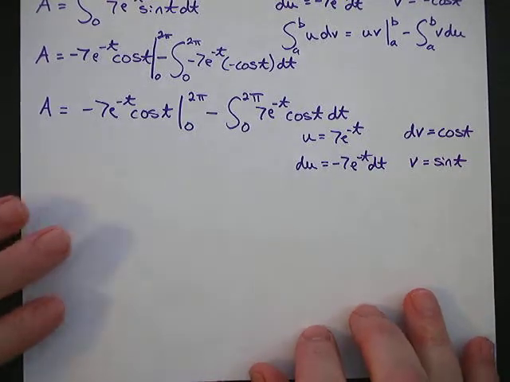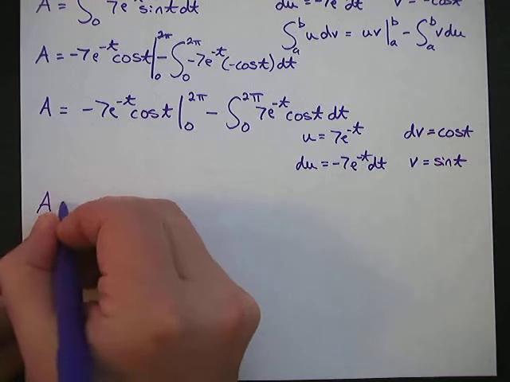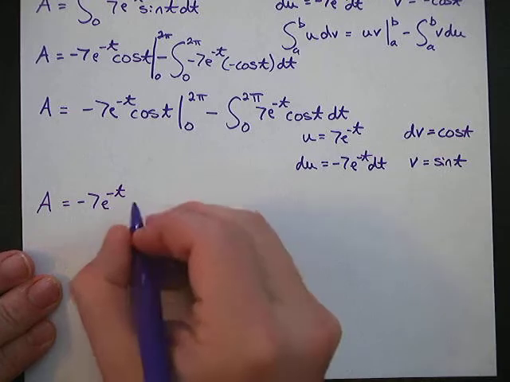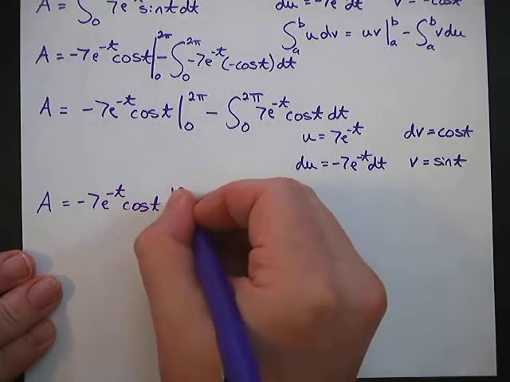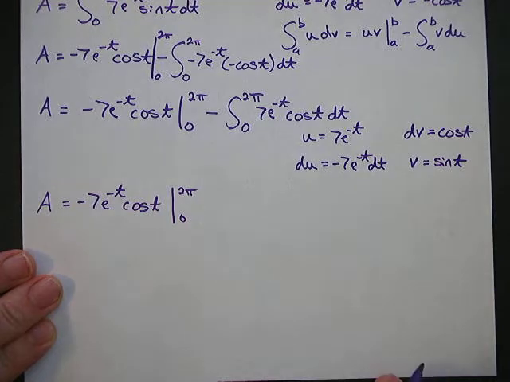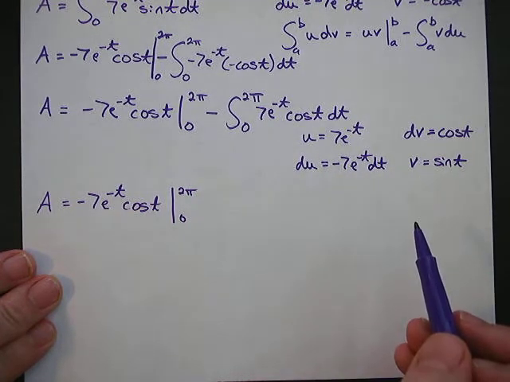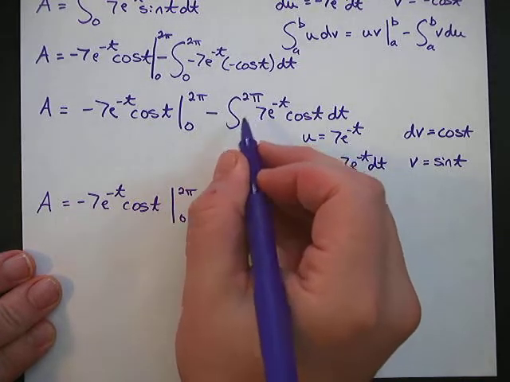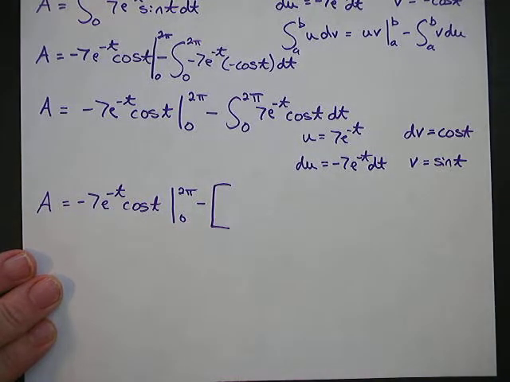Okay, so we have a is equal to negative 7e to the negative t times cosine t integrated from 0 to 2 pi. And then we use the integration by parts that we've chosen here. So here's the minus sign. Don't forget this minus sign that was before the integral. And let's open up a bracket here.